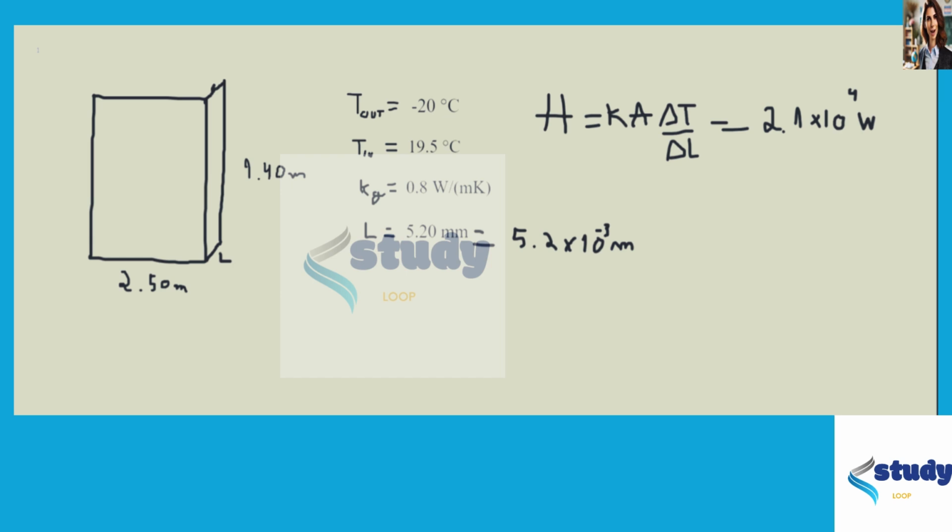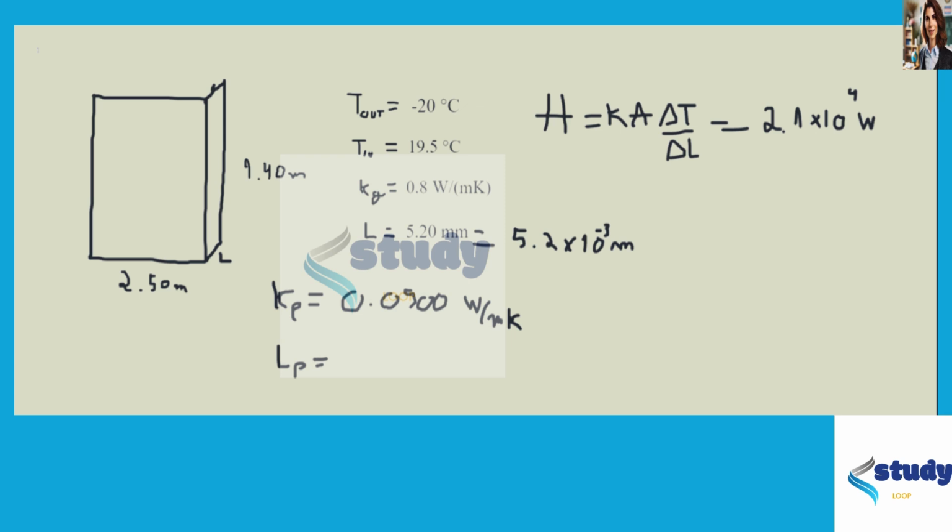Now, in the second item, you put an additional layer of paper, so they give you the thermal conductivity of the paper, kappa of the paper. This will be 0.0500 watts per meter Kelvin. And you have a new thickness now, the thickness of the paper.